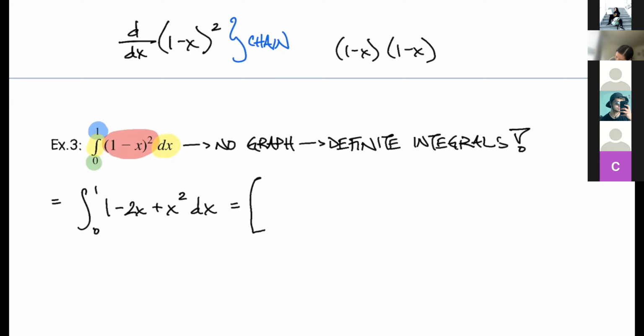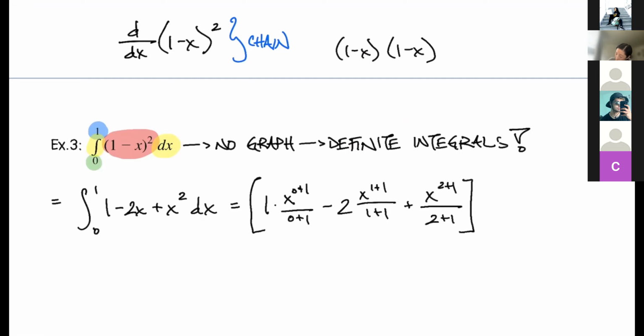So 1 will be 1 times x to the 0 plus 1 over 0 plus 1, minus 2 times x to the 1 plus 1 over 1 plus 1, plus x to the 2 plus 1 over 2 plus 1. And I don't want a plus c because I have the numbers. Draw a little line, put the 1 at the top, put a 0 at the bottom.